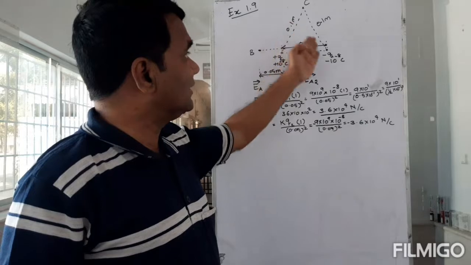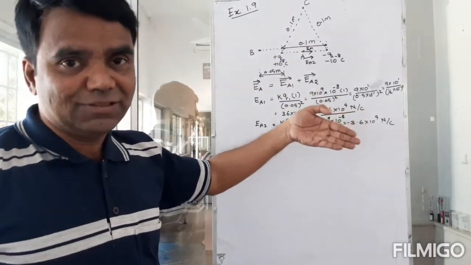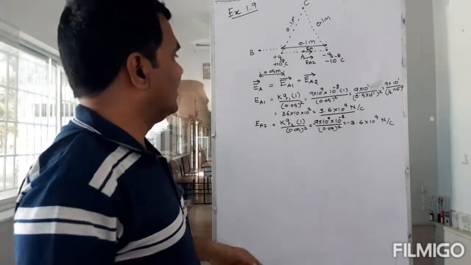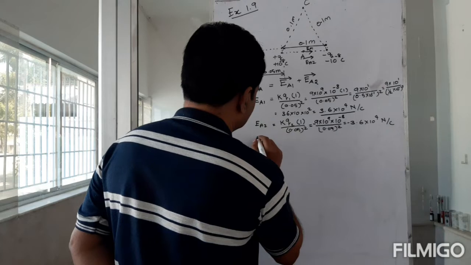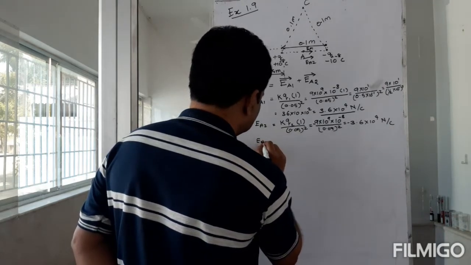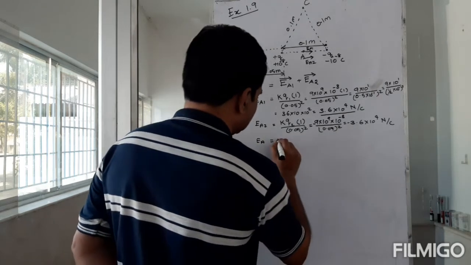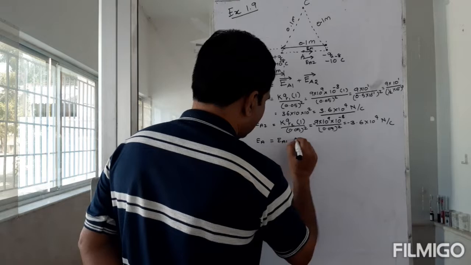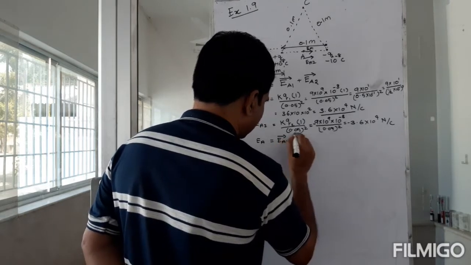So the forces will now get added. Okay, when they get added, suppose if I take EA, then that is going to be equal to EA1 plus EA2, two vectors now.